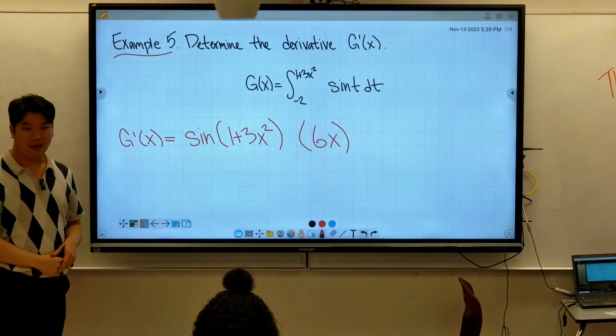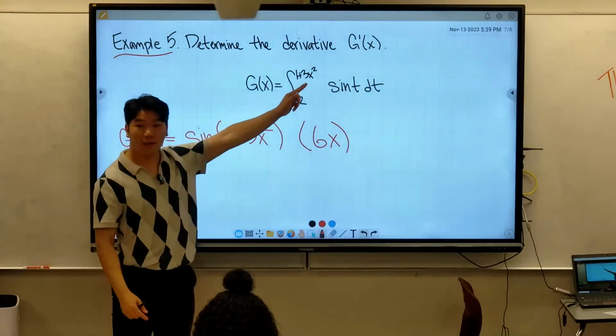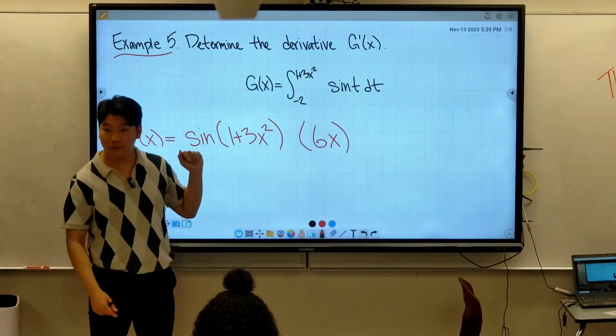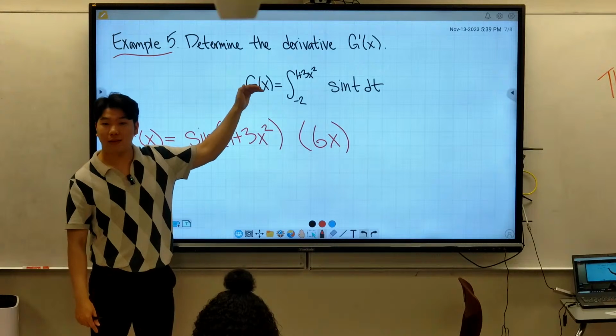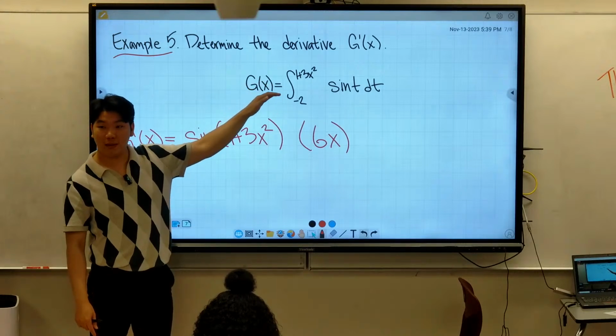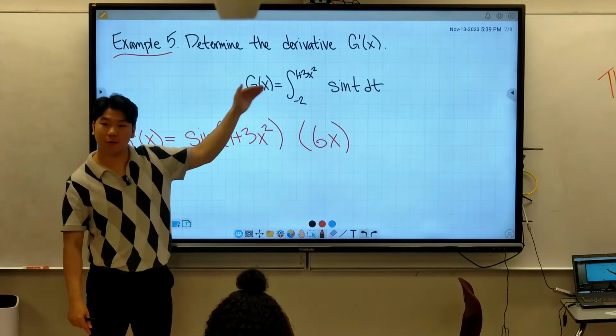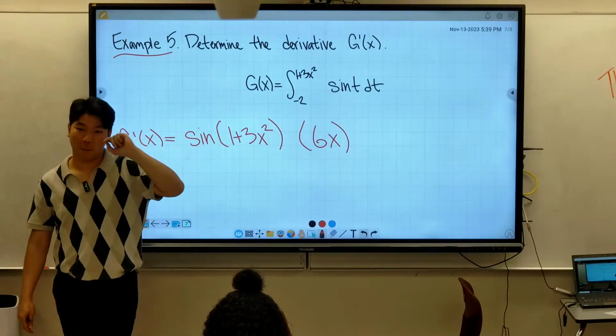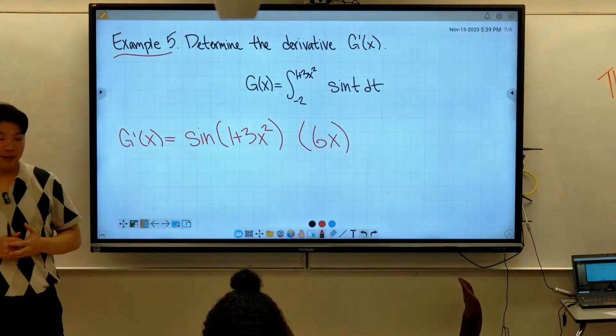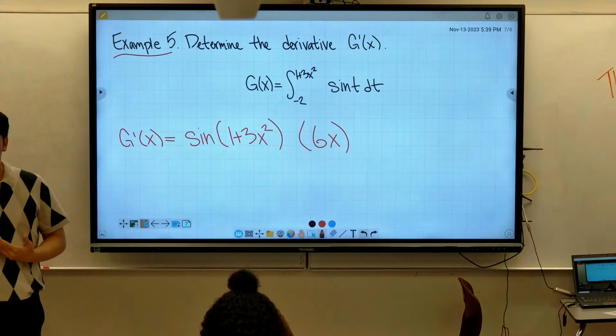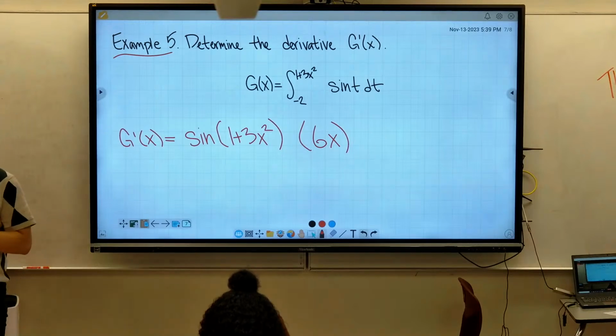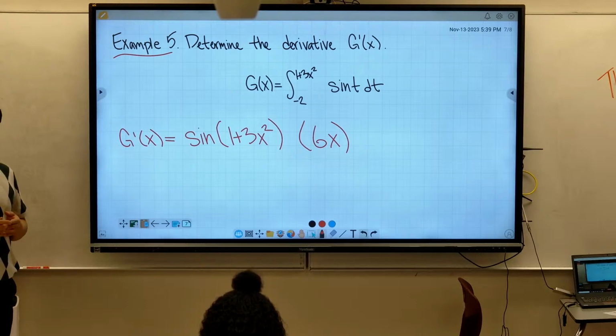And I claim that we are done here. Because if this was a plain x, you would have just said sine of x. But it's not a plain x. We have a 1 plus 3x squared. In other words, we replace that x with an inner function. And our whole thing about chain rule was multiplying by the derivative of those inner functions. We just chain rule the top, basically.